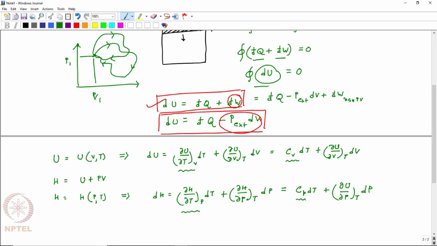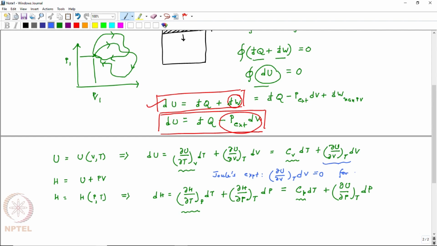Now we talked about the second term, which is (∂U/∂V)T. How do you calculate that? And then we talked about an experiment known as Joule's experiment, where we talked about some adiabatic expansion and how Joule tried to measure this term, and he found that (∂U/∂V)T dV is actually 0, but it will be non-zero for a real gas.